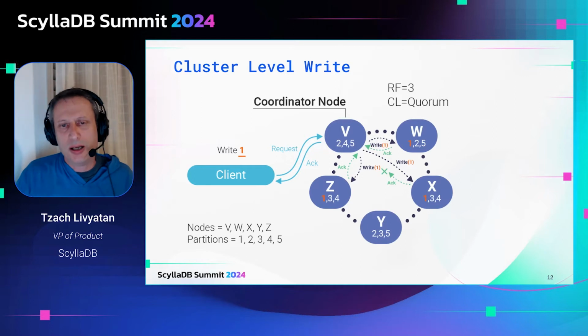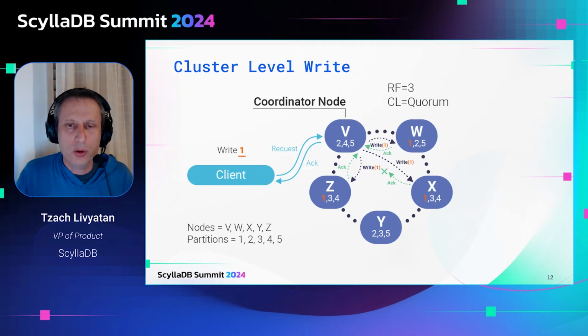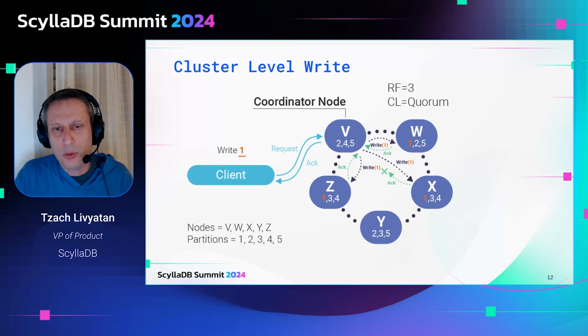As a user, you cannot really be sure what the status of X is, but as long as you have a quorum of the nodes acking and storing the data in a persistent way, you are good with it. By the way, there is an offline process to get X in sync with the rest of them called repair, which is out of scope for this session.